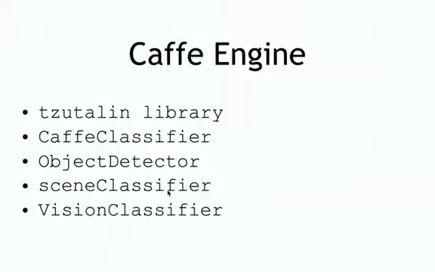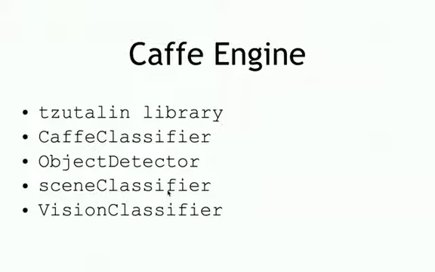The third part is our Caffe engine, which is a library. It has four files: Caffe classifier, object detector, scene classifier, and vision classifier. The object detector basically gives the detector object for the object mode, and the scene classifier initializes the parameters for Caffe in the scene mode.